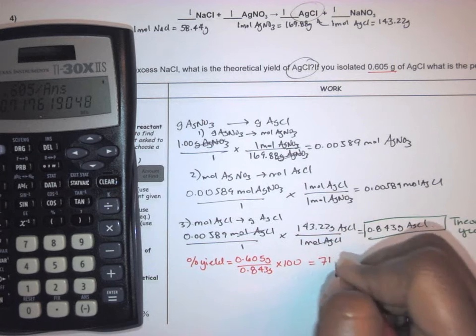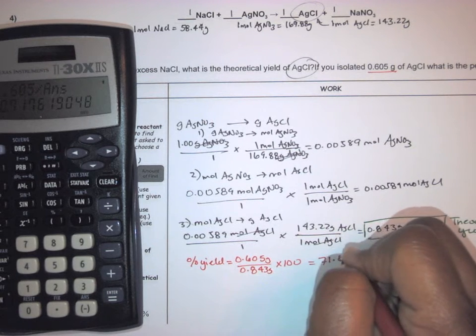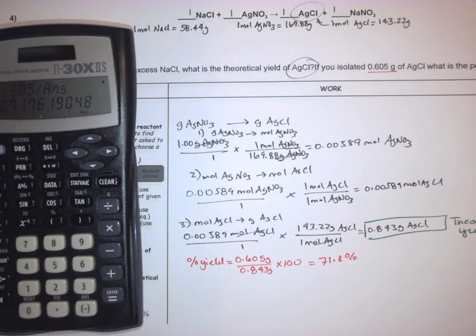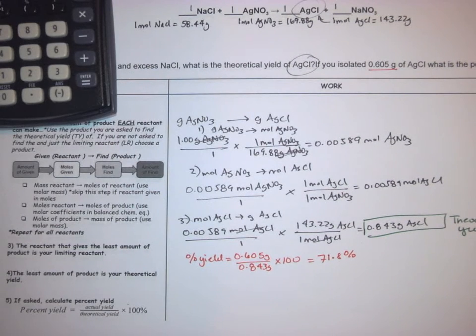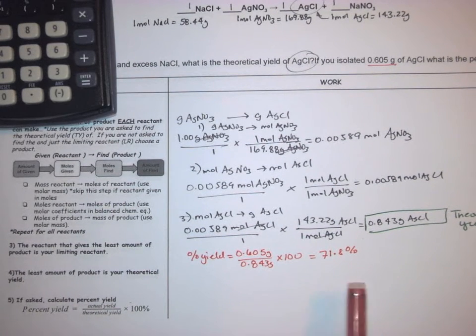And that gives 71.8%, which is okay, I guess. All right, so that's my percent yield. So this is how much of the product I actually made.